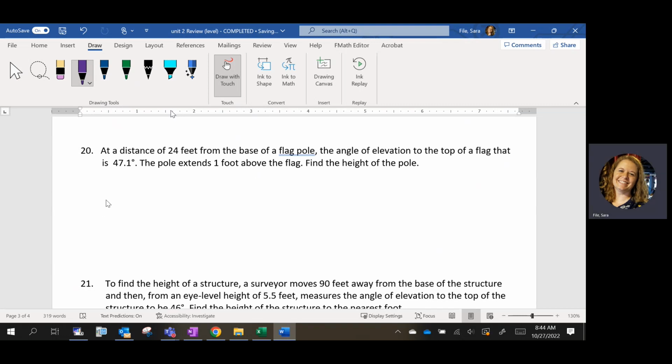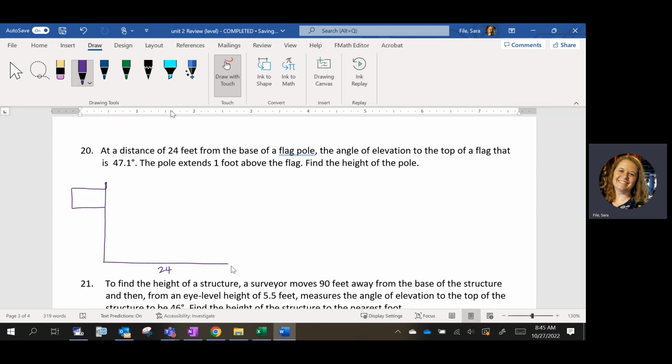All right, so we've got a flagpole. And it says there's a flag, but the pole extends above the flag. So this is kind of what we're looking at here. The pole goes up a little above where the flag hits, right? Does that make sense to everybody? Then on the ground, it says you're standing 24 feet from the pole.